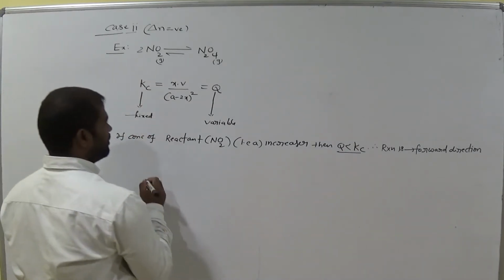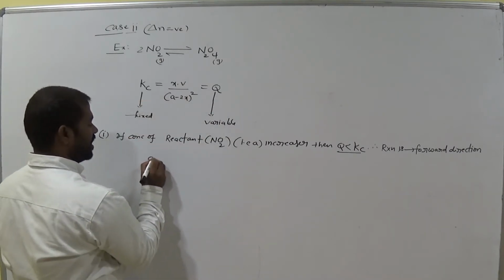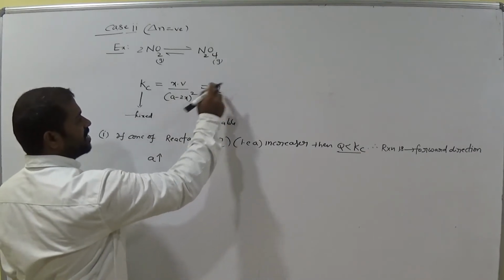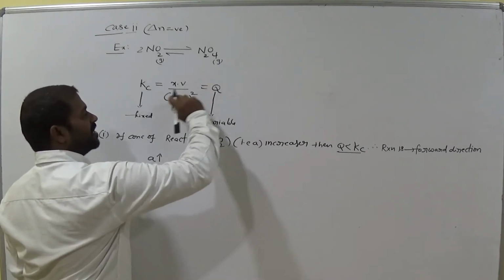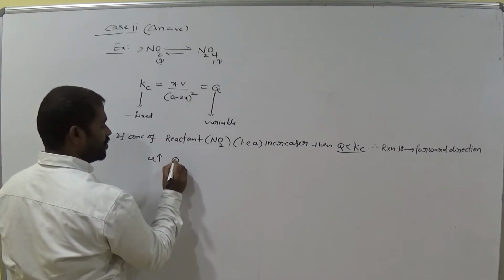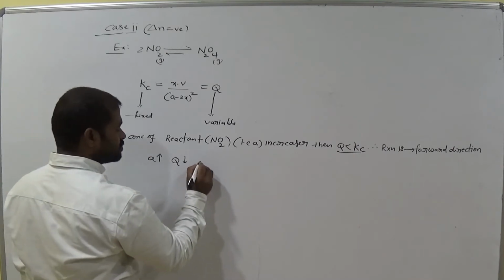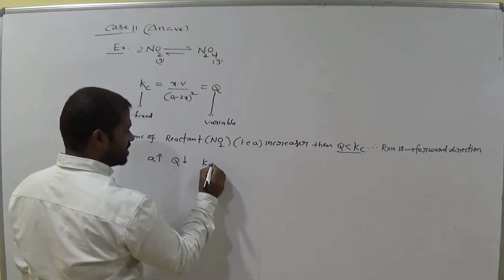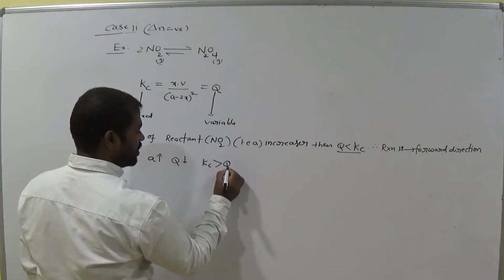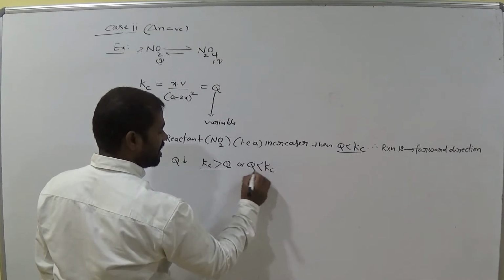So let's see. In the above expression, if A is increased, what is the relation between A and Q? Inversely proportional, you know. So when A increases, Q decreases. Q decreases means Kc is greater than Q, or Q is less than Kc.